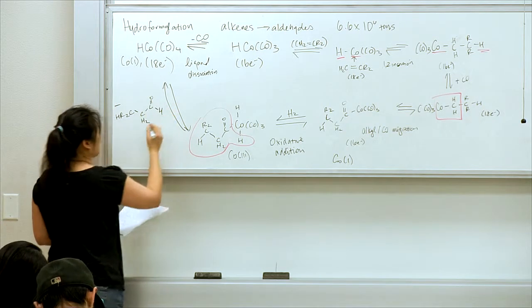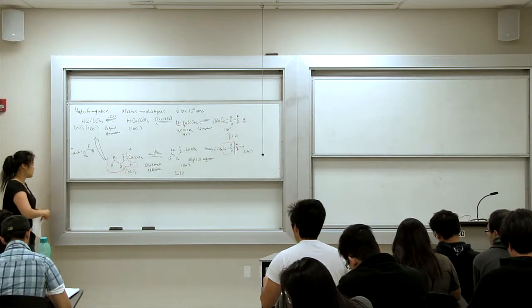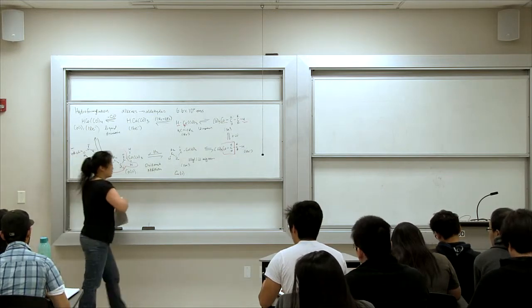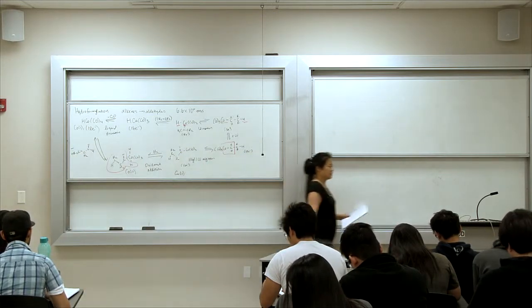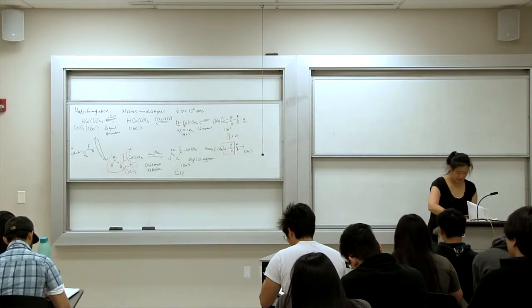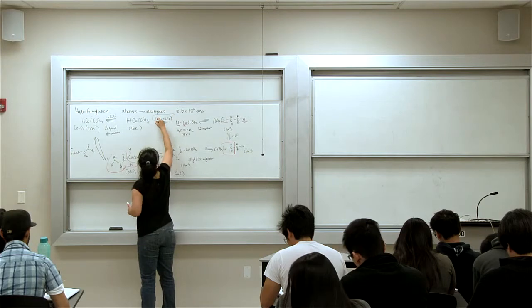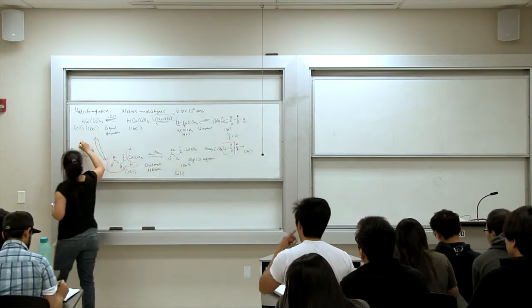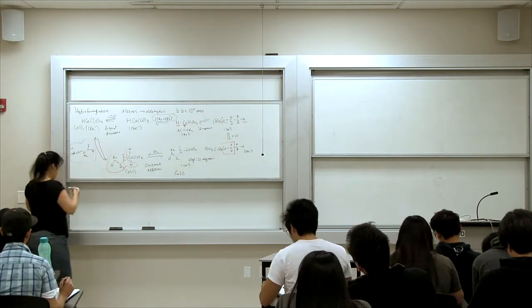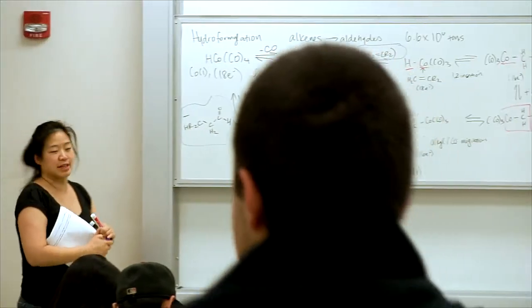Alright, so you started with an alkene. I'll use another color. You started with this alkene, and then now you have the aldehyde, right? So that's how the catalytic cycle goes.